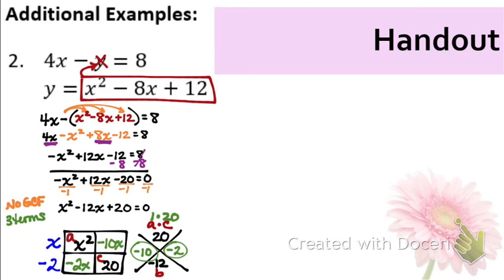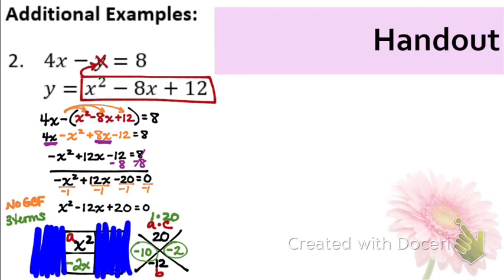All right, now we're going to go vertically. I'm not looking at this. I'm not looking at this. What do x squared and -2x have in common? X, so I can take that out. What about -10x and 20? -10.